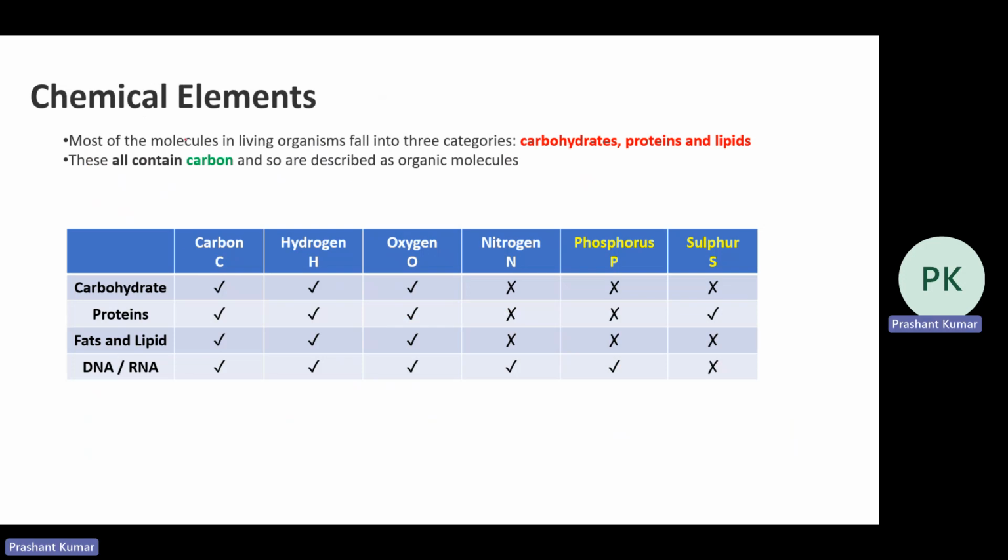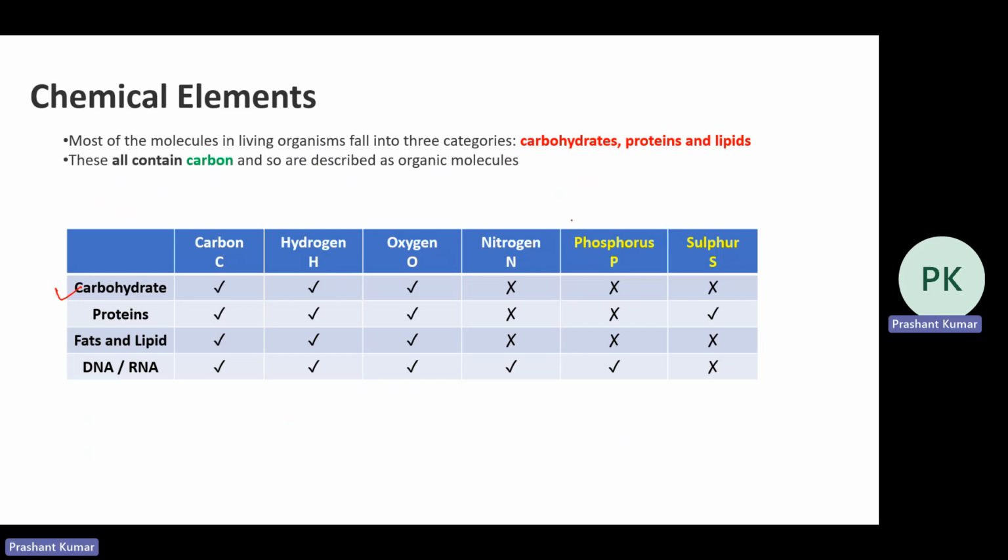Now, when we talk about the constituents, like what all elements are present in the biomolecules. In case of carbohydrate, you will find carbon, hydrogen, oxygen. Sorry, there is no nitrogen, there is no phosphorus, and there is no sulfur.